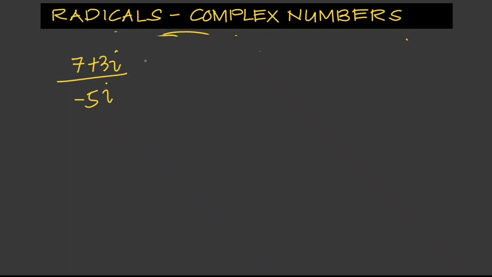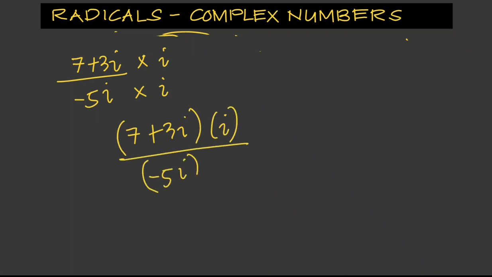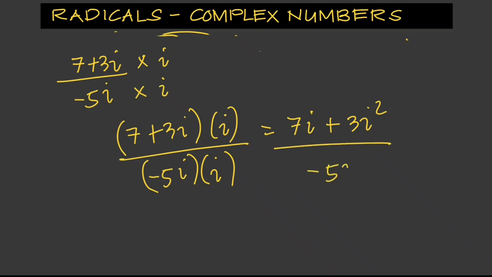So we multiply i and i. Okay, so we distribute i to 7 plus 3i, and negative 5i times i. So this would just be equal to 7i plus 3i squared over negative 5i squared, and then we can simplify this.